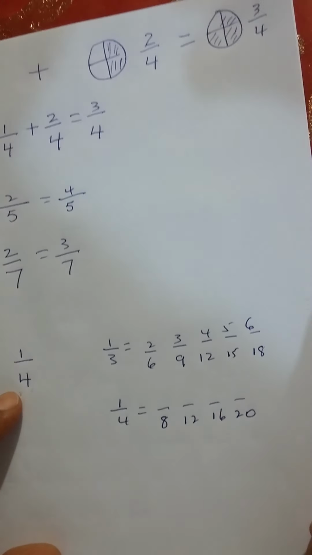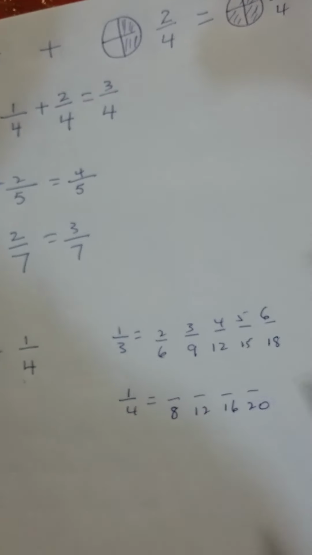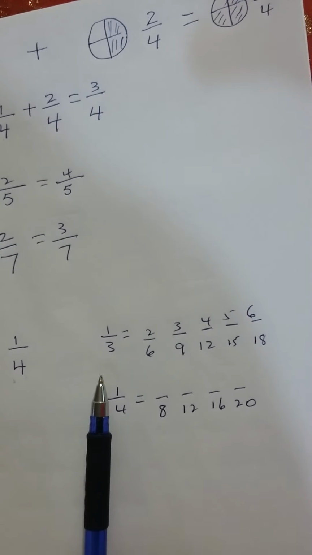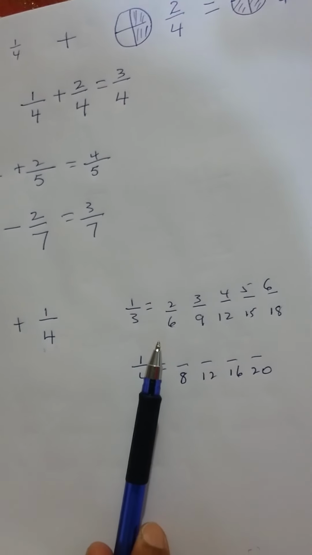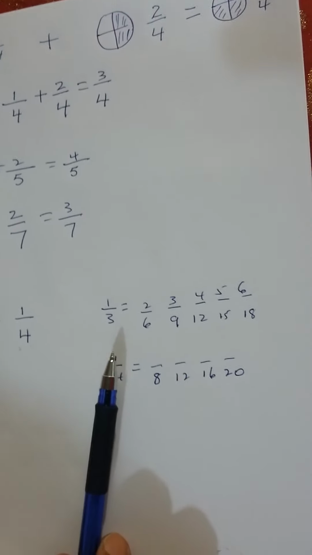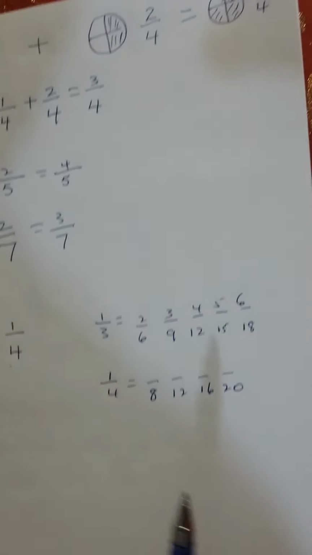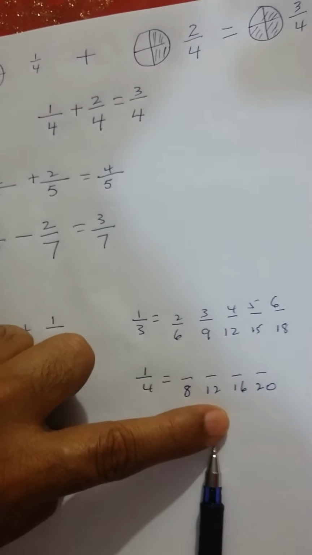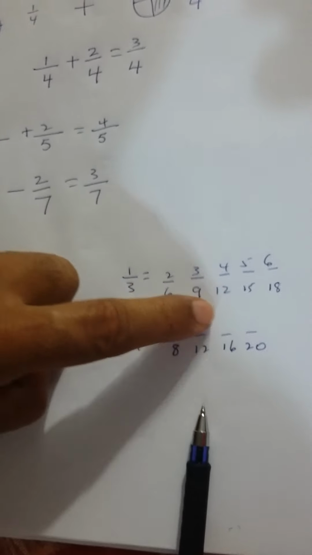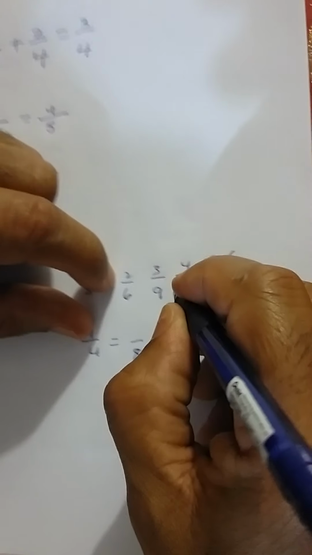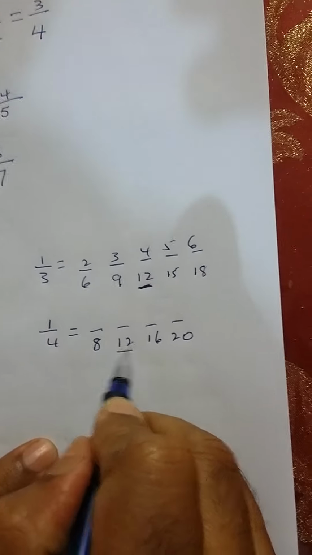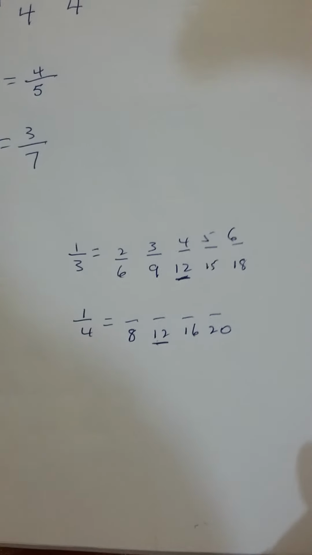And what do we do now? We look for a common denominator. But not just any common denominator, the lowest common denominator. We have 3, but we don't have 3 there. We have 6. No, we don't have 6 here. We have 9. No. Look at this. 12. 12 is the lowest common denominator.